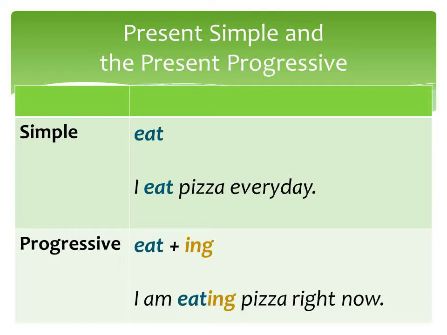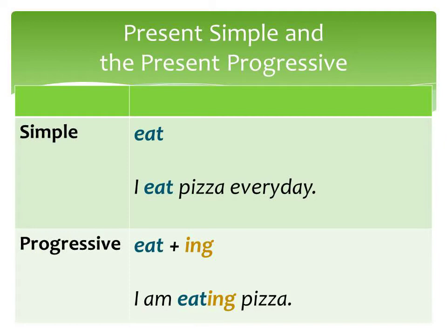But what if the sentence doesn't have the words right now? What if it only says, I am eating pizza? Well, it would still mean that you are eating pizza right now or right about now. It's because you use a verb in present progressive form, eating, with ing.